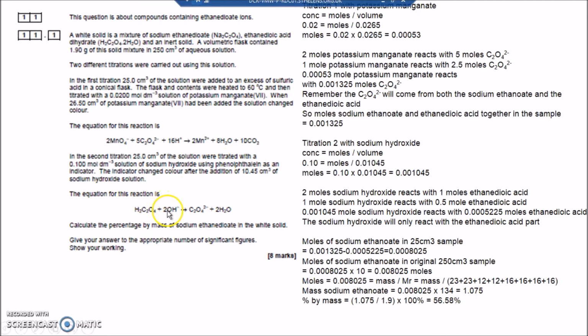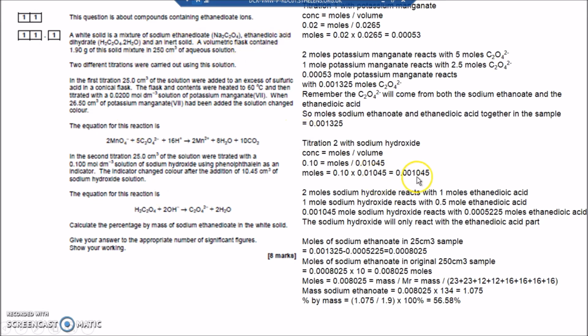Let's have a look at what the sodium hydroxide does. It reacts with this chemical, H2C2O4, which is just this one. This one hasn't got H2C2O4 in it. This one has. The ethane dioic acid dihydrate has got H2C2O4. And 2 moles of sodium hydroxide, the sodium hydroxide is making these OH- ions, 2 moles of the sodium hydroxide react with 1 mole of this ethane dioic acid.